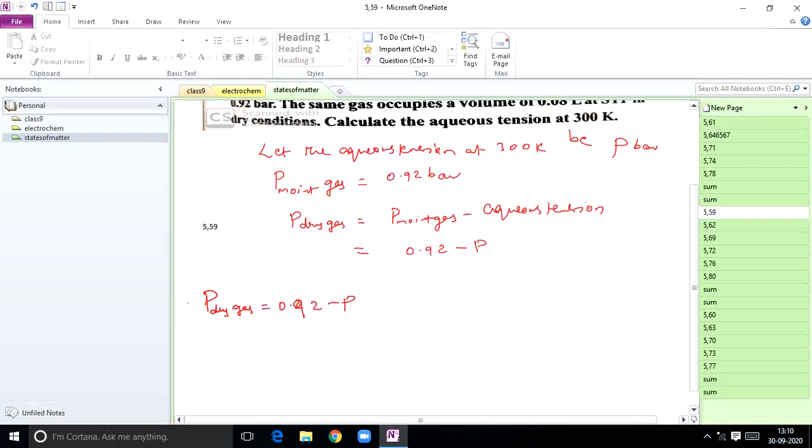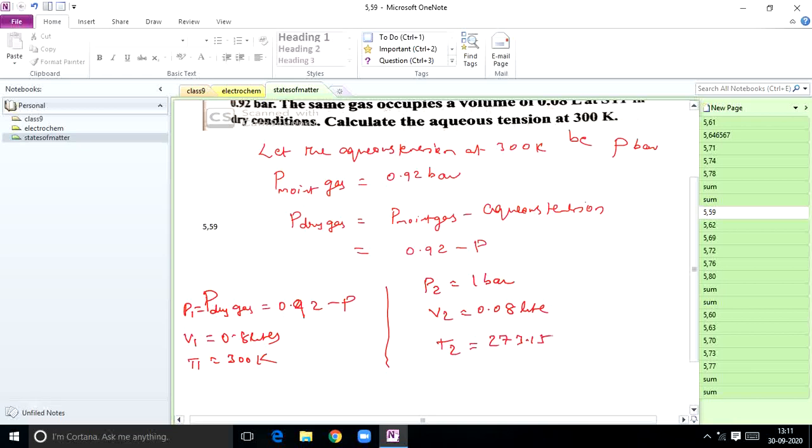So I am taking it as P1, and V1 is given as 0.8 liters and T1 is given as 300 Kelvin, right? At the same time, if you take STP conditions, P2 at STP you have to take as 1 bar pressure, and V2 you have to take as 0.08 liter, and T2 temperature, how much you have to take?